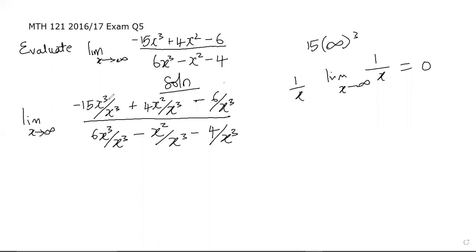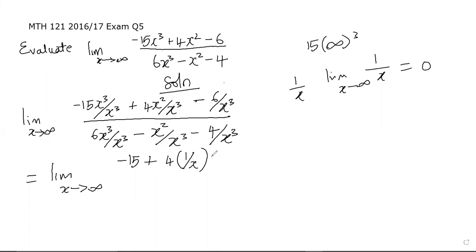So now, if you cancel and reduce, we're having limit as x approaches infinity. X raised to power 3 will cancel x raised to power 3. The numerator will remain minus 15, plus 4x raised to power 2 over x raised to power 3; this will cancel and 1x will remain on the bottom, 4 into 1 over x.